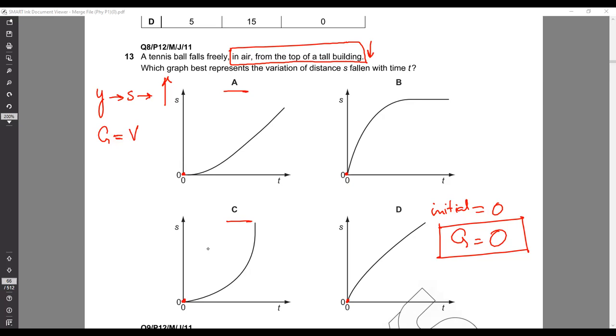Which graph is almost a horizontal line in the start? A. Horizontal line. A is the right answer. Look at this. This is some inclined line, right?